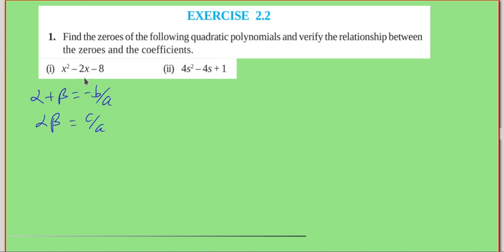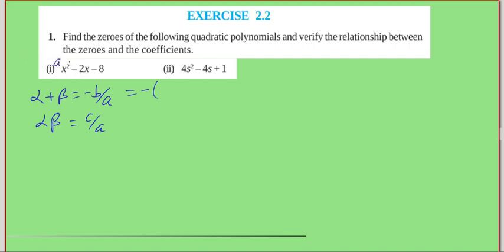Okay, now let me find the zeros first, and we'll find the relations between coefficients. So sum of the zeros is minus b by a. What is minus b by a? Minus of, what is b?